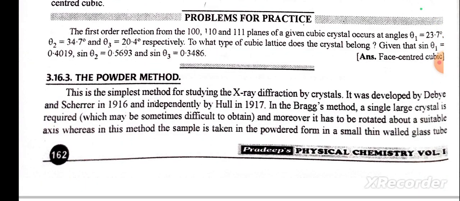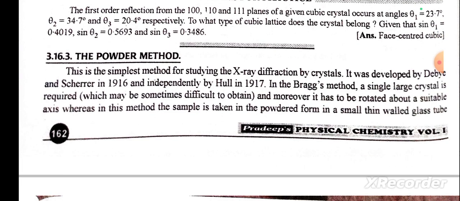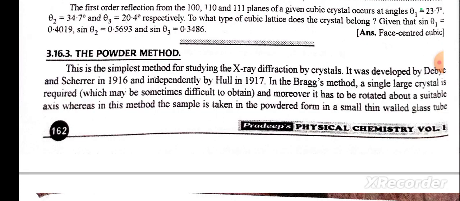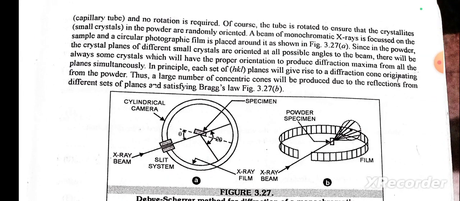Powder method. This is a simple method for studying the X-ray diffraction of a crystal. It was developed by Debye and Scherrer in 1916 and independently by Hull in 1917. In the Bragg method, a single large crystal is required and it has to be rotated about a suitable axis, whereas in this method the sample is taken in powder form in a small thin-walled glass tube and no rotation is required.